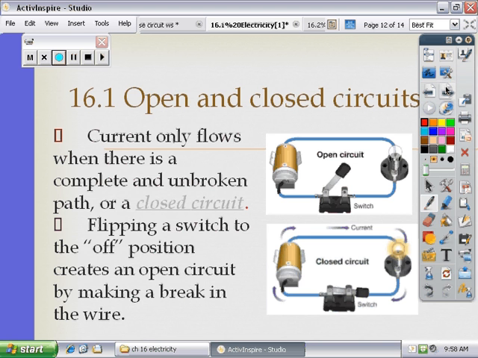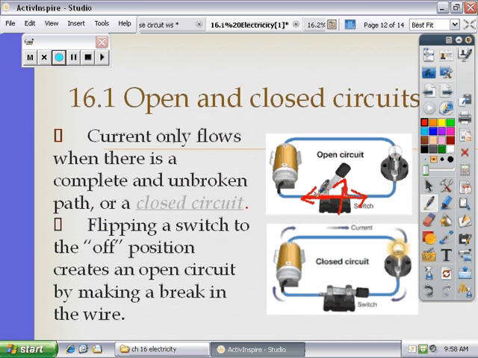The key thing you have to understand is the misconception of thinking about this as a door. It's not a doorway where if it's open you can go through. It's about a path that you can take. If the switch is not down, the electrons can't cross because there's nothing to cross through. Electrons have to have something to pass through.